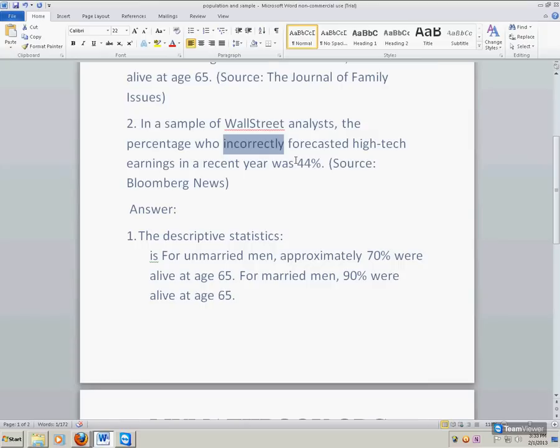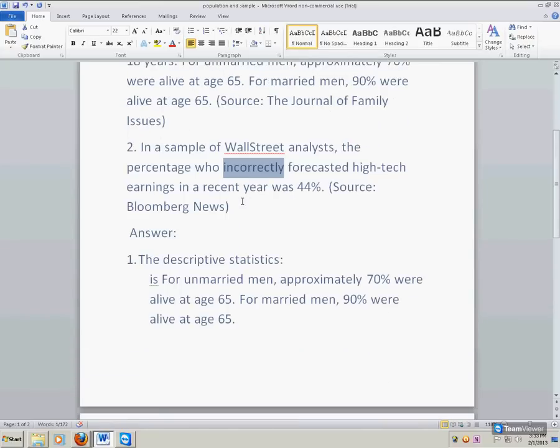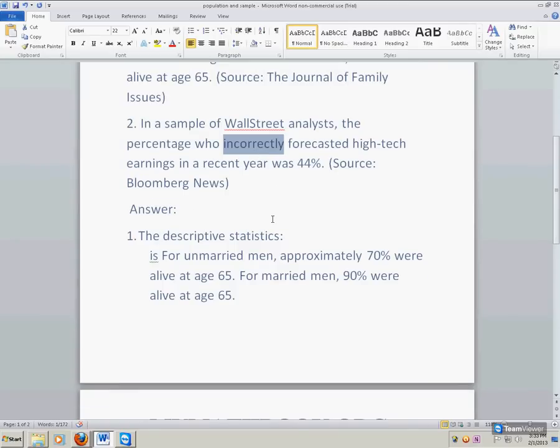I'm trying to get a sense here of what we could put there. There are a lot of answers that you could put there, but I'll try to help you guys. A couple of ways you could look at it: if 44% of all these professionals couldn't get it right, it means that the stock market is very difficult to forecast.